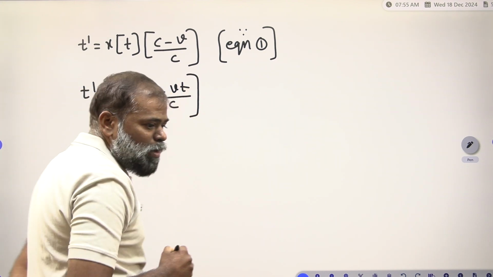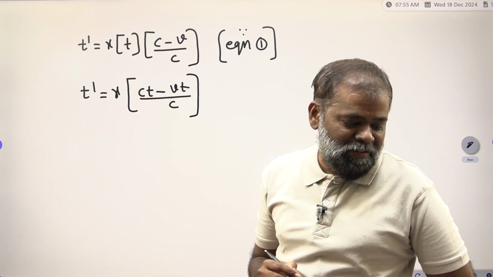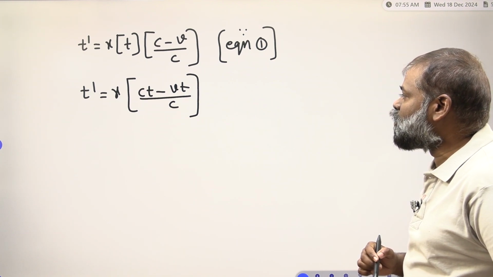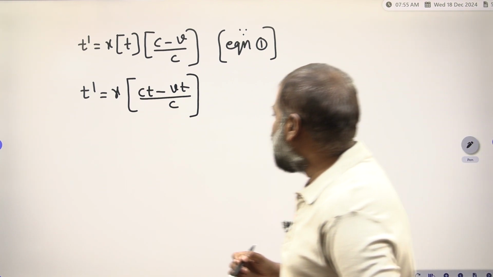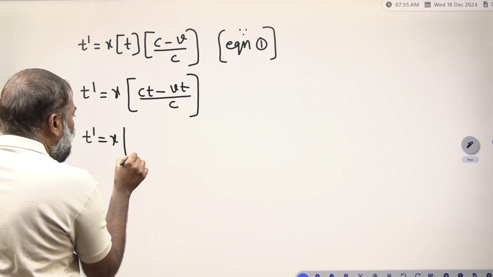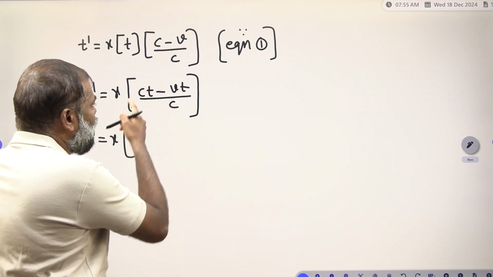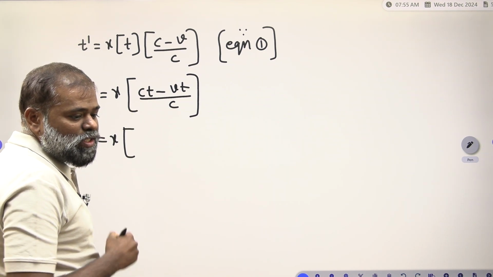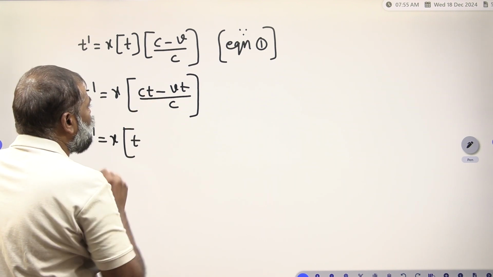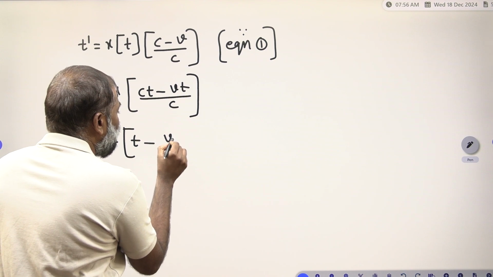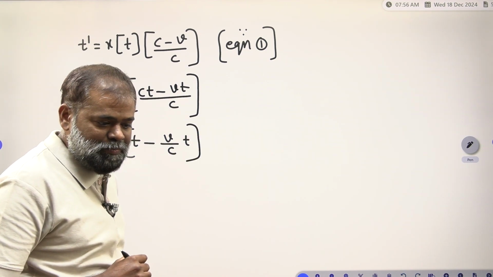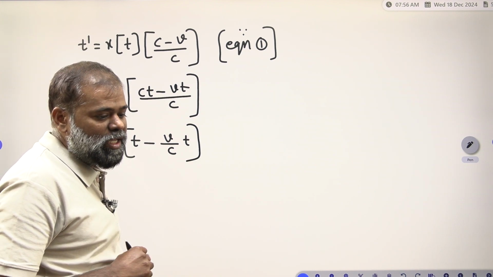So, t dash is equal to gamma into, c into t, that is c by c into t, minus v by c into t, right.